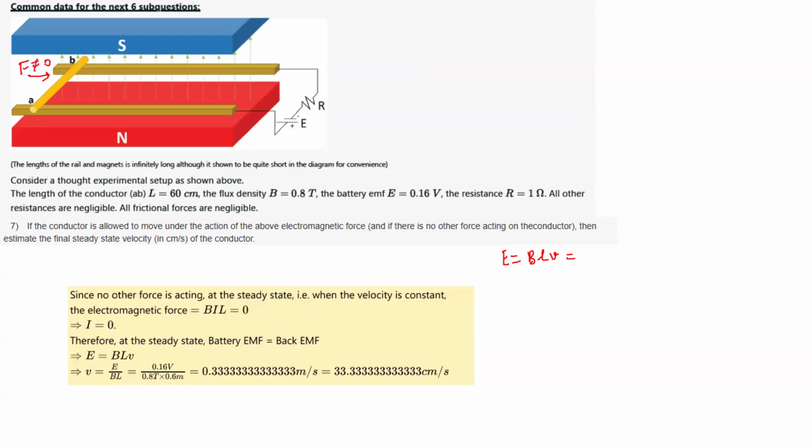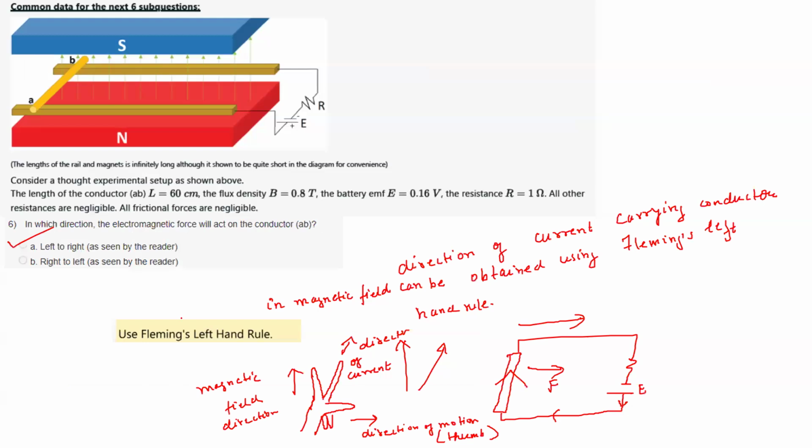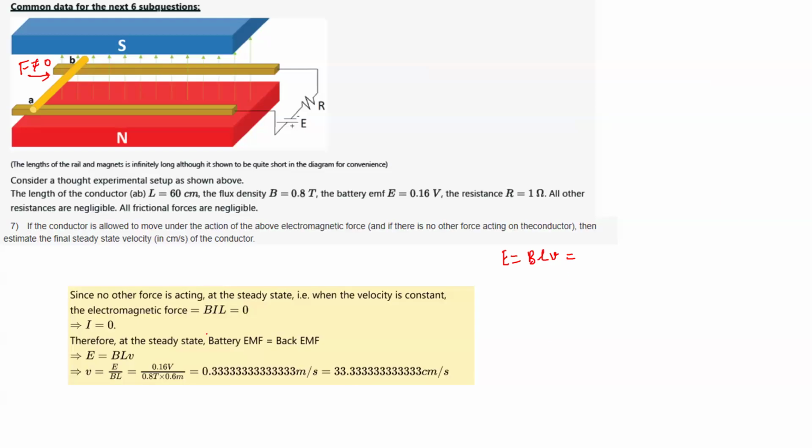So when the velocity is constant, there is no other force. Because there is no friction, earlier it started moving with this BIL, so it will continue to move with this BIL. In this steady state, the battery EMF will be equal to the back EMF. So you can apply this approximation, and you will get your velocity as E by BL.